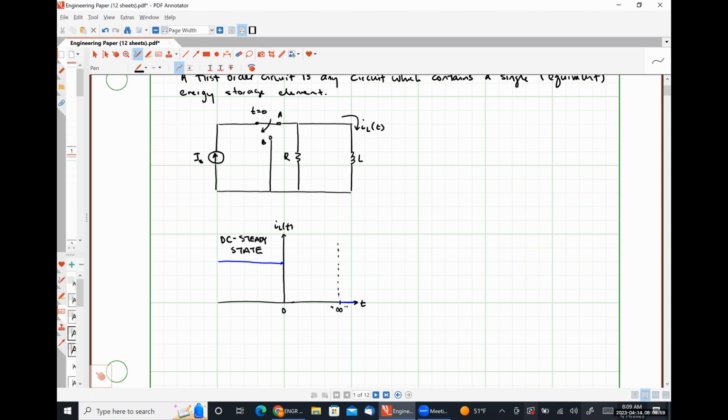So for all t greater than infinity, we are at a DC steady state condition again. Right? It just happens to be a condition where everything is 0, but it's still a DC steady state condition.